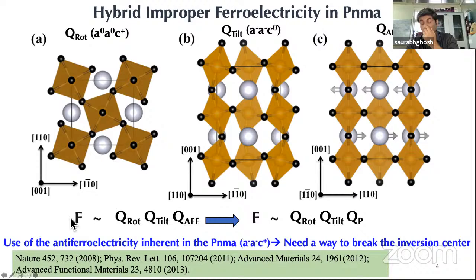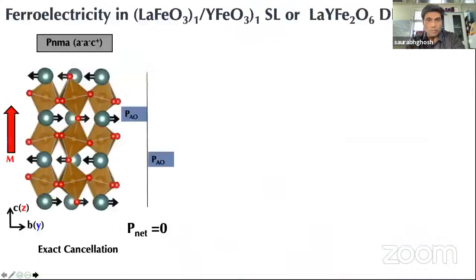It was discovered almost 10 years ago. So here we can really use this mechanism to design new ferroelectric materials where the bulk components are not ferroelectric at all. But if you make them superlattices or double perovskites, then you can induce ferroelectric property into the system.